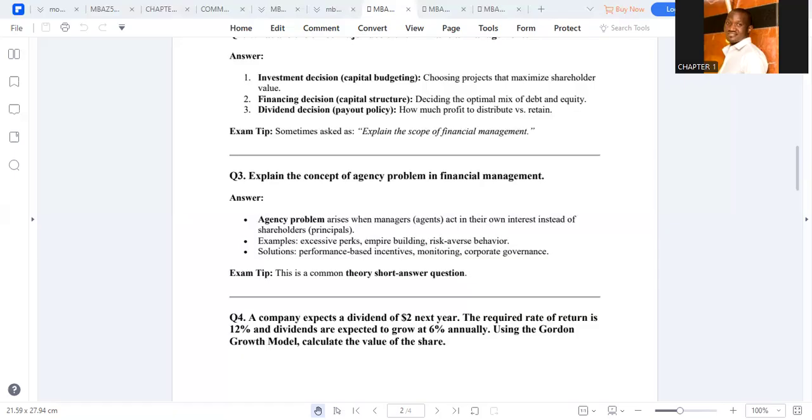Solutions to agency problems: performance-based incentives, where you link compensation to performance; monitoring, where you have regular audits and financial reports to see whether you're moving within your mandate; and corporate governance, where you have strong governance policies that align managerial decisions with stakeholder interests. So this is the concept of agency problem.